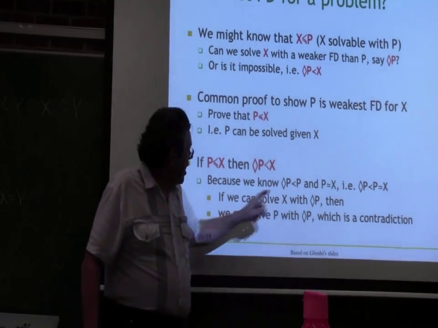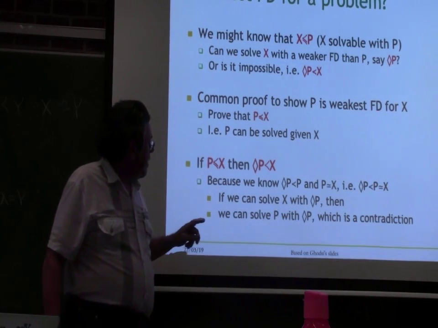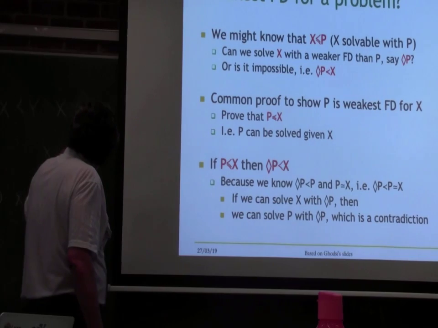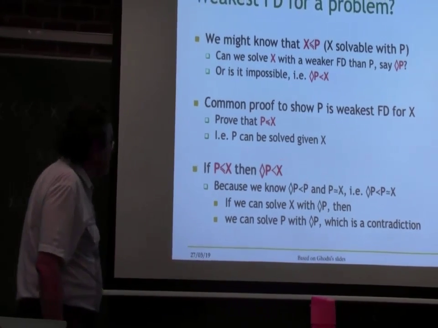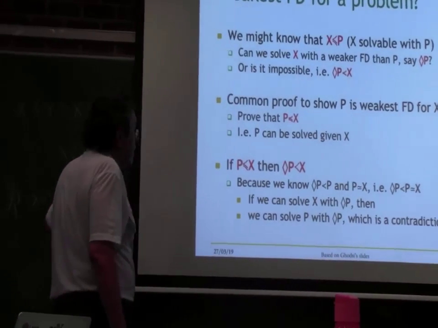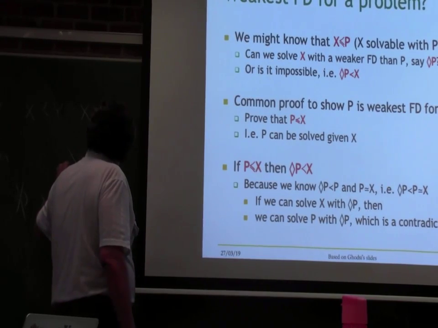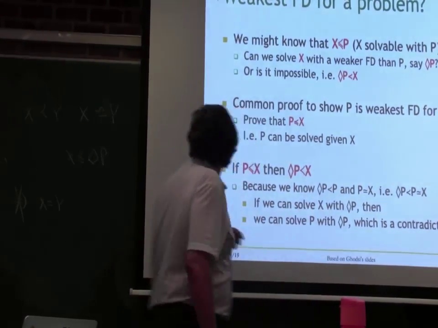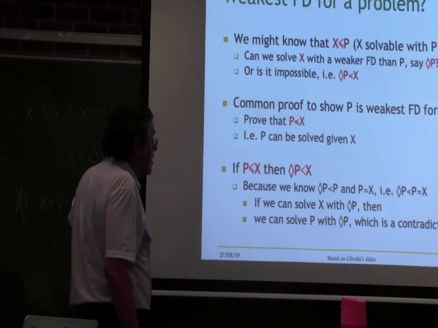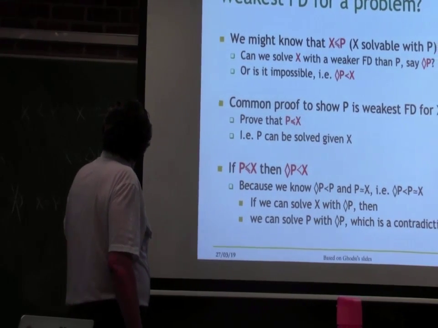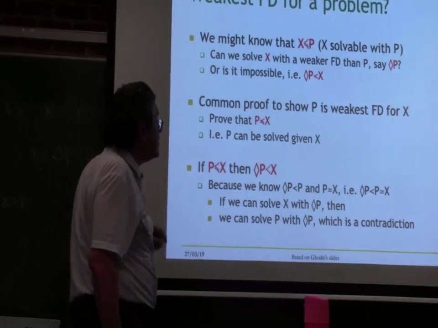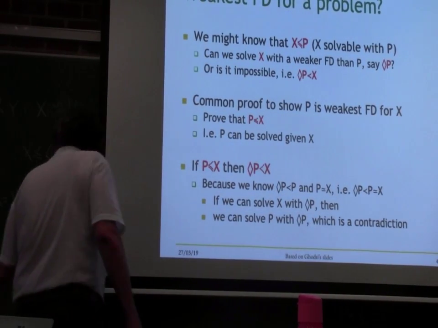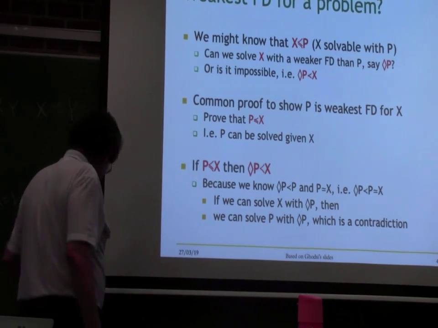But if we can solve X with eventually P, and we know that eventually P is strictly weaker than P, then let's see. Am I writing it right? No, I'm not writing it right. It's kind of subtle.